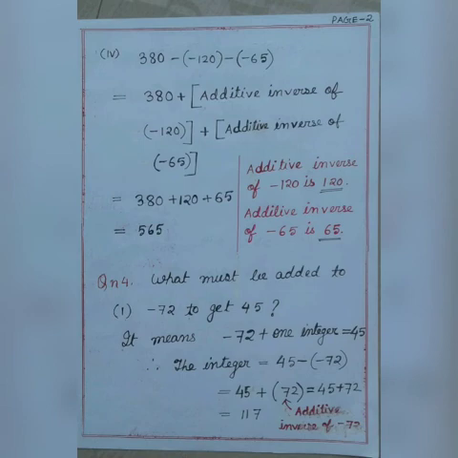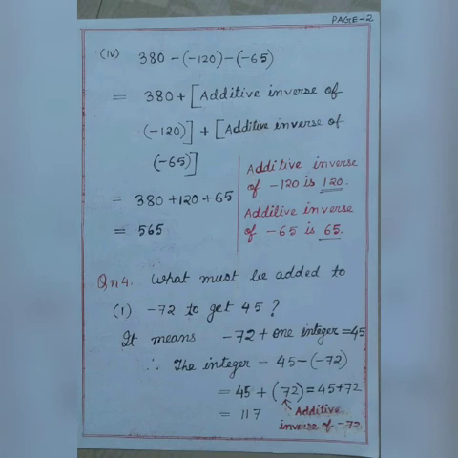Question number 4. 380 minus within bracket minus 120 minus within bracket minus 65. So we have to subtract minus 120 and minus 65 from 380. So if we use the rule 2, it will be equal to 380 plus additive inverse of minus 120 plus additive inverse of minus 65.